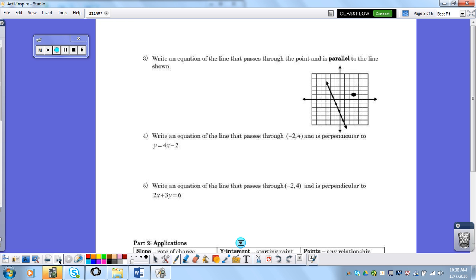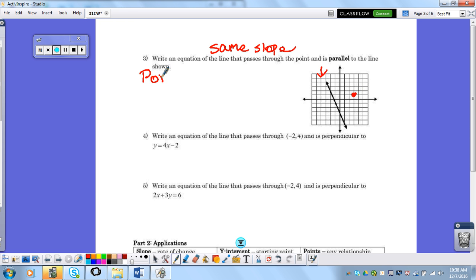Okay. All right, next question. So it says we want to write the equation of a line that passes through the point and is parallel to the line shown. Okay, if you need to remember, parallel means that we have the same slope. Okay, they go in the same direction, they never cross. So what we're going to do now is find the line that is parallel to this line, and it goes through this point.